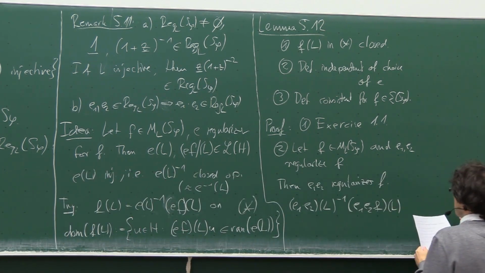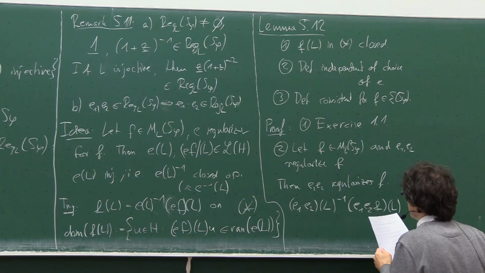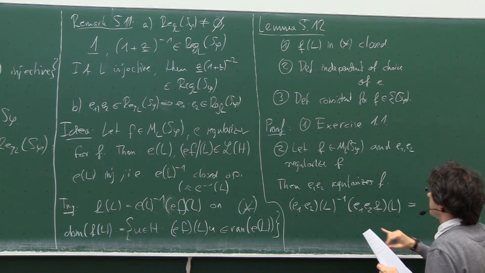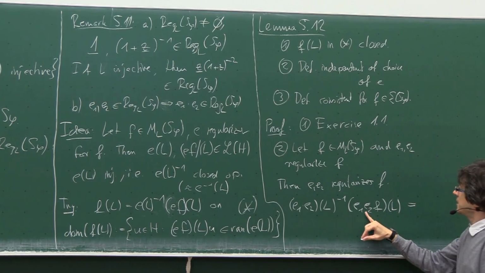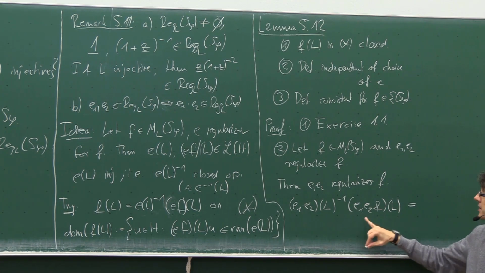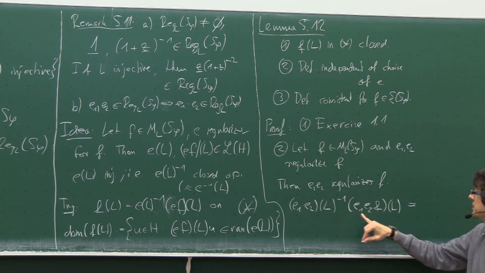Okay. So then, here we know that E2f is in the Dunford-Rees class, and E1 also is in the Dunford-Rees class.